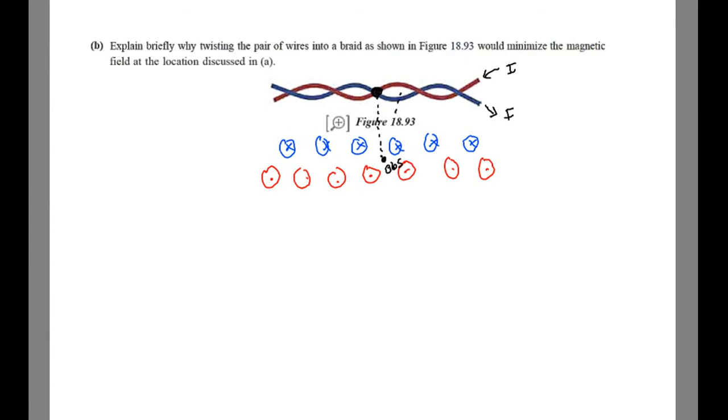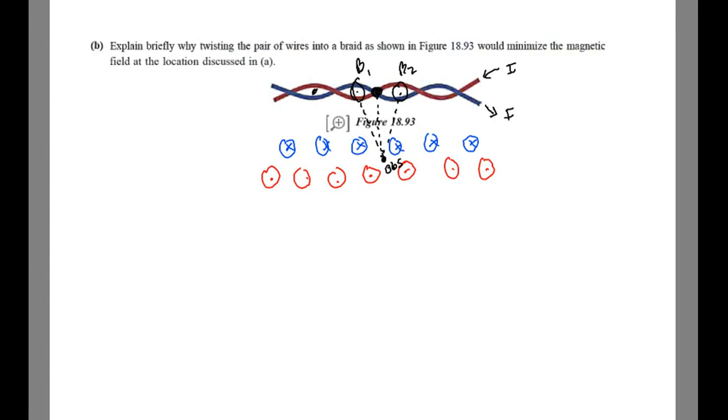They will also cancel out due to the wires at this location because of the fact that there's an equal magnitude going in the opposite direction due to this location. So these two B fields will cancel out because they're equal magnitude but opposite directions.